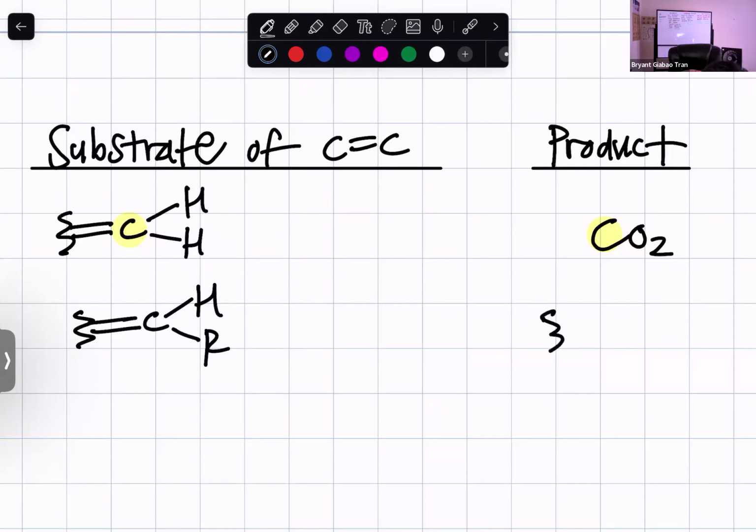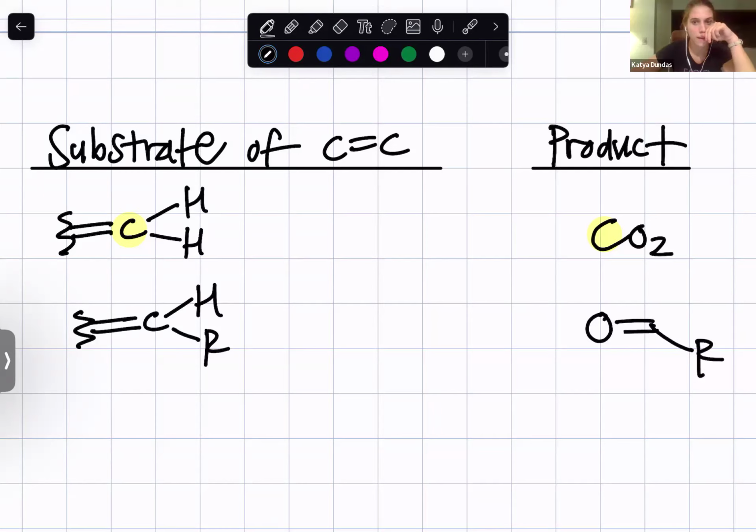This would create the carboxylic acid like this. So this would be oxygen, R, and then OH.